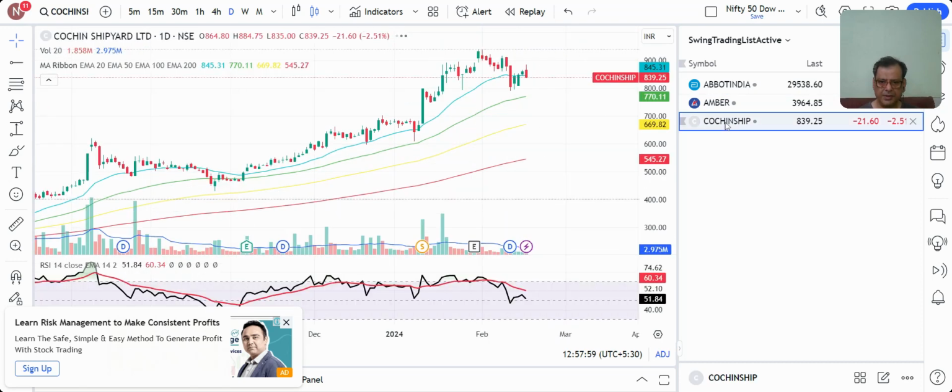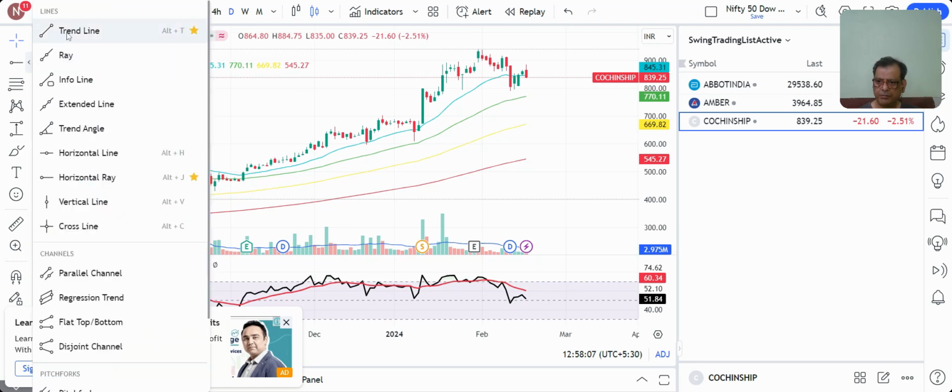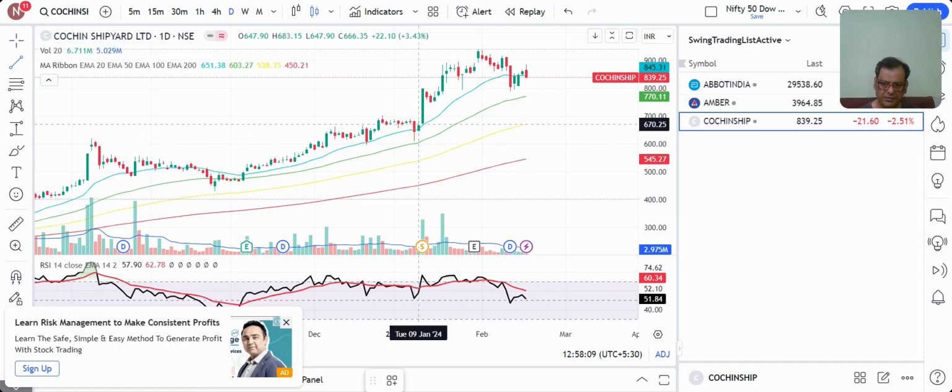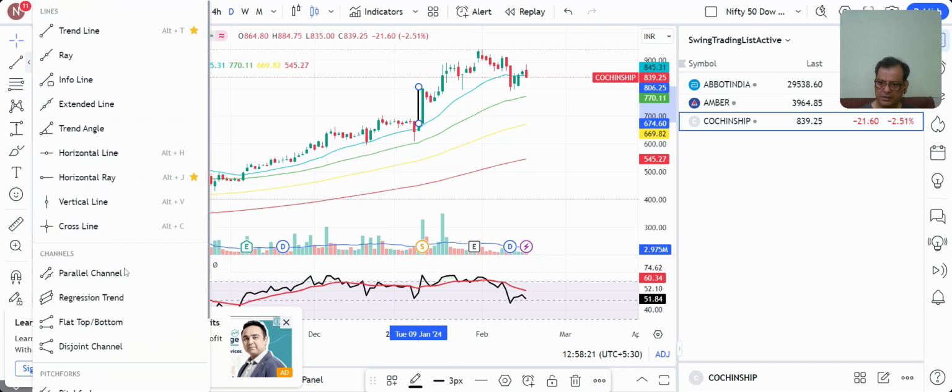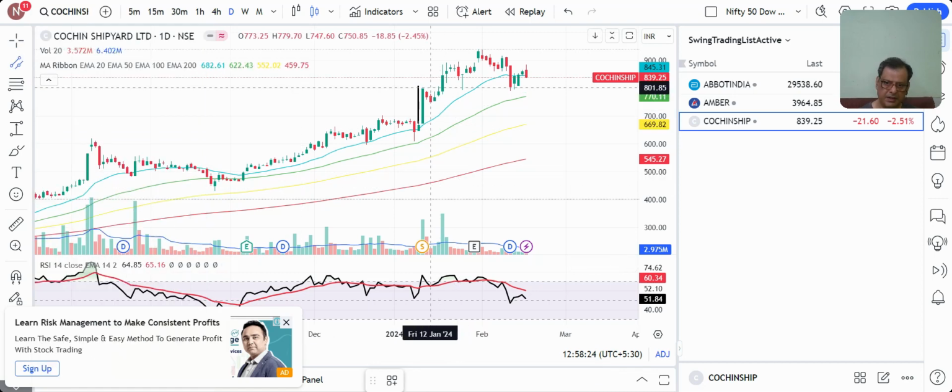Let's go to Cochin Shipyard. You have a big flag, and this is just like an exact pole, just like we see when we hoist our flags. I'm going to keep a trend line here, and I'm going to get the flags using a parallel channel.